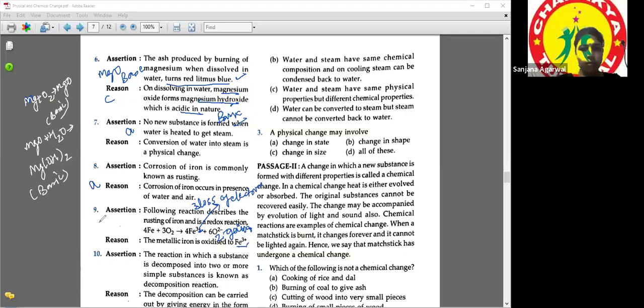Okay. 8. 10. If you want to write down, please do, because I'll scroll up, so this annotation will get disturbed.